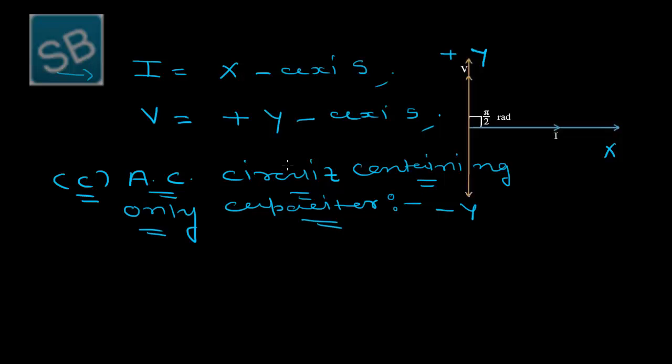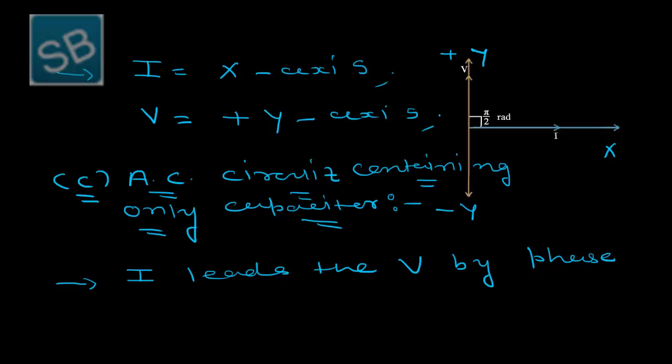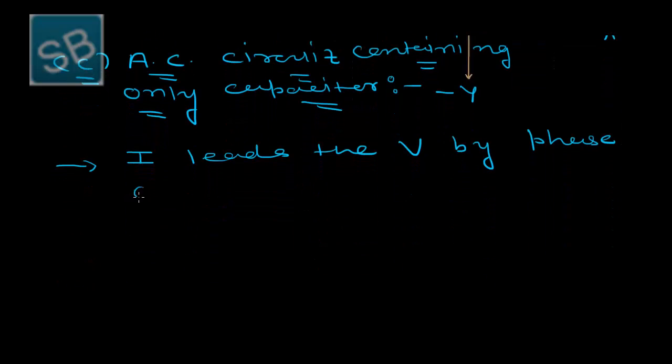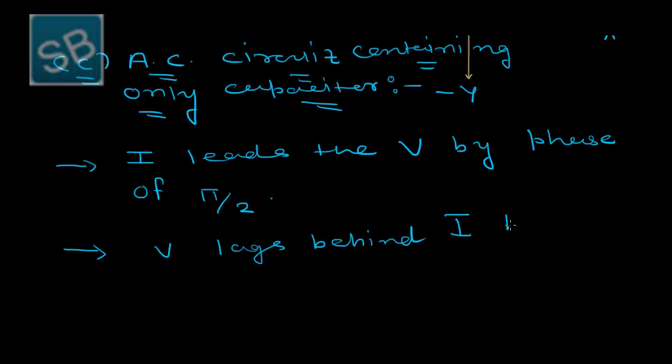As we have studied in the previous case, the current I leads the voltage by phase of pi by 2, or in other words, you can say that voltage V lags behind the current by phase of pi by 2.